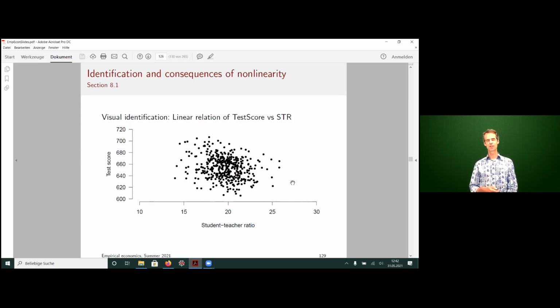If you squint your eyes, the points scatter around a linear relationship relatively clearly. They scatter a lot, but a straight line through this cloud of points does not seem wildly absurd.